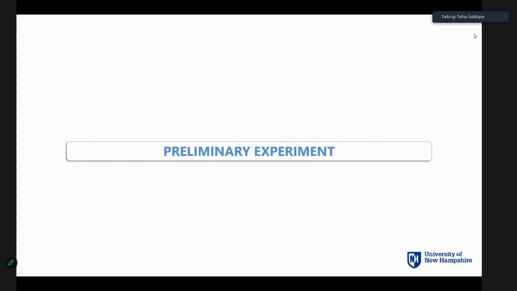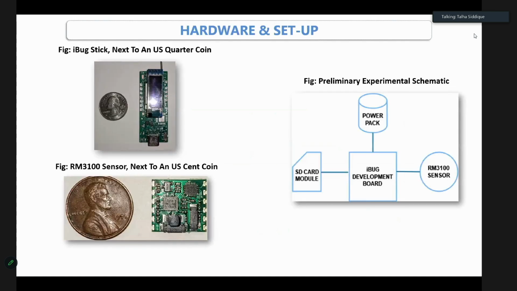So we carried out a preliminary experiment, a preliminary deployment, to see if we can get a calibrated, baseline corrected value from raw magnetometer data sets. In order to do that, we had the RM3100 magneto-inductive sensor connected to an iBug development board.